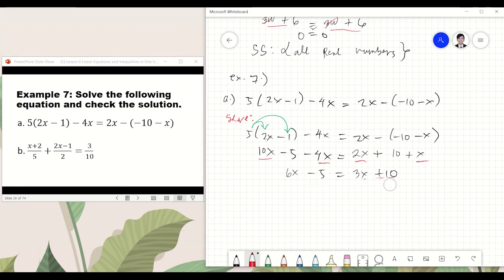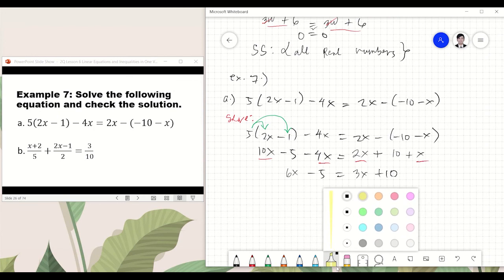Sige, we'll do it slowly para mas gets nyo kung ano yung gagawin ninyo. So, focus tayo sa left side. Sa left side, para ma-isolate si x, kailangan natin tanggalin si 6 at saka si negative 5. Pero si 6, coefficient siya ng x. Pero yung 5, it's another term na walang x.